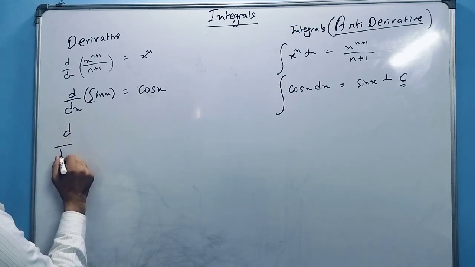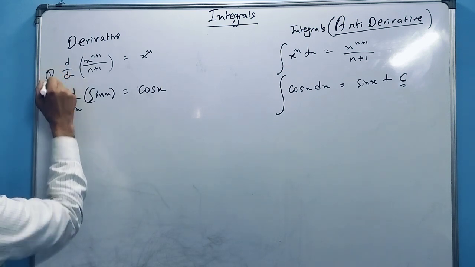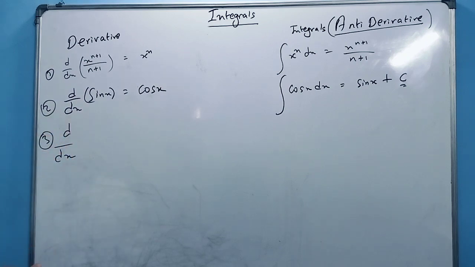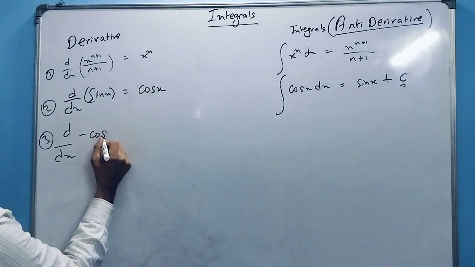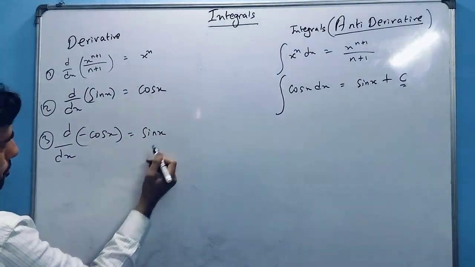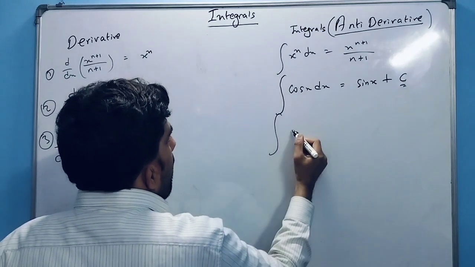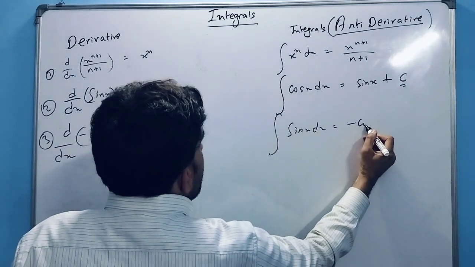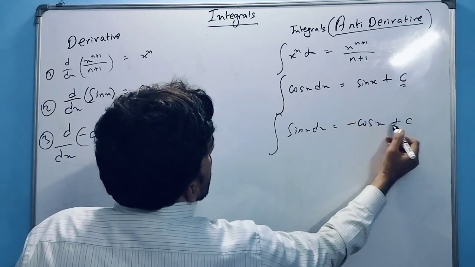The differentiation of minus cos x is sin x. Here, if I find the integration of sin x dx, I get minus cos x plus c.